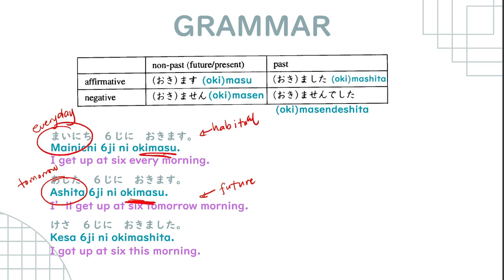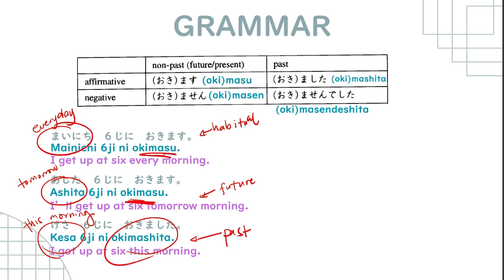However, we have here 今朝. 今朝 is this morning, okay? 今朝6時に起きました. Okay, you can see here 起きました. This is past tense. Okay, so that means they used a different tense, which is past tense.